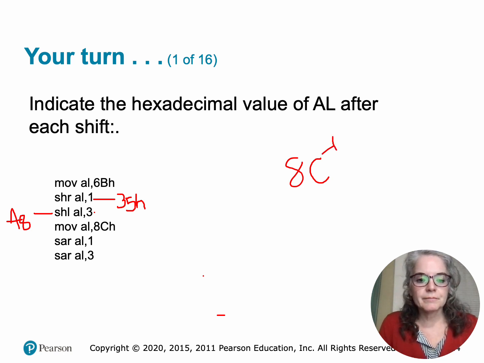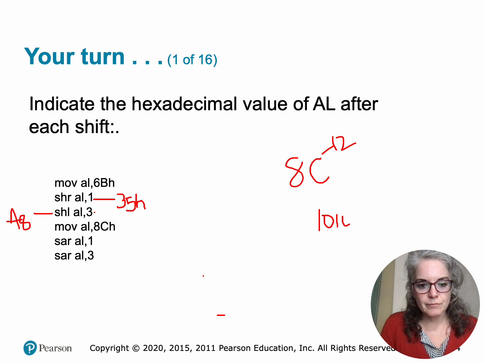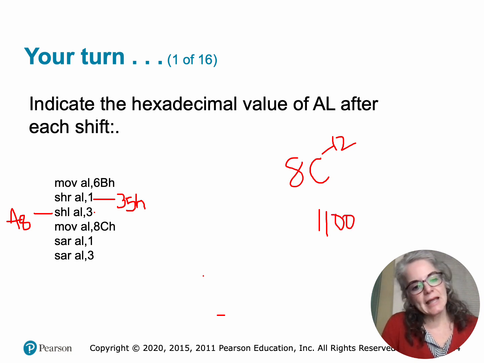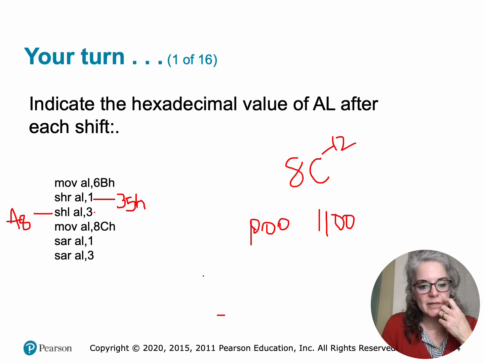To make 12, I need an 8 and a 4. 8 and 2 is 10, so 8 and 4 makes 12. So 1, 1, 0, 0. And then to make an 8, I just need a 1, 0, 0, 0. Hopefully this all makes sense.